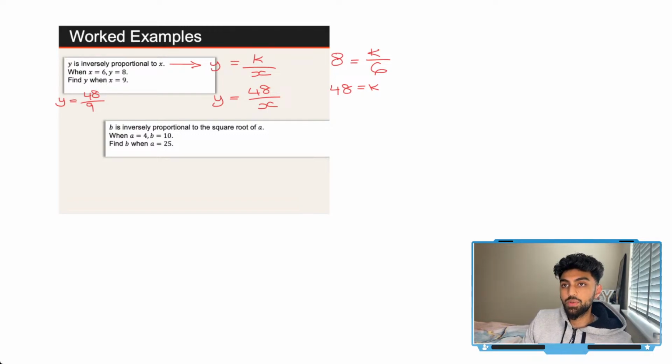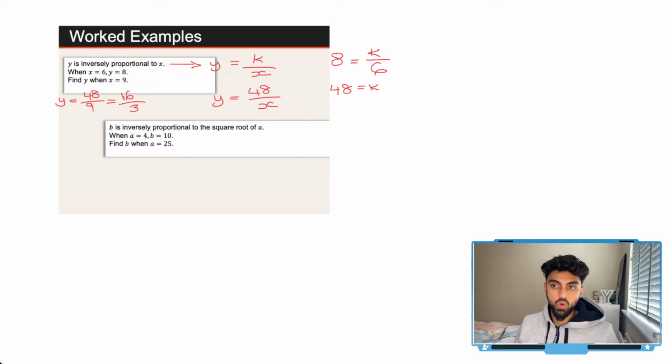So y is equal to 48 divided by 9. It's not a whole number, so it'll give you a decimal, something like 5 point something. I'm just going to plug this into my calculator. We get 5.3 recurring, so I'm just going to leave it as a fraction. We get 16/3 as our value for y.